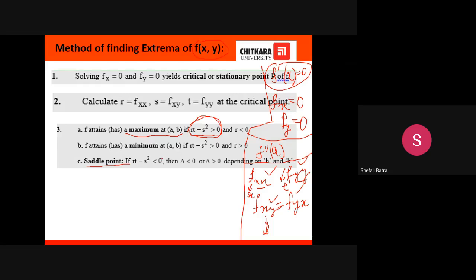If RT minus S square is greater than 0, then you need to check the sign of R. R is fxx. If R is less than 0, then the function has a maximum value. If RT minus S square is greater than 0 and R is greater than 0, then the function has a minimum value at that point.